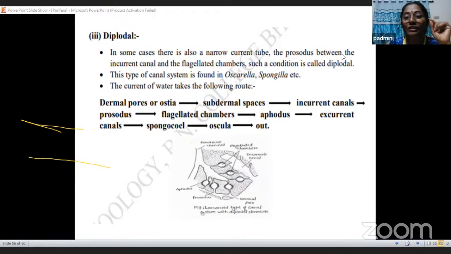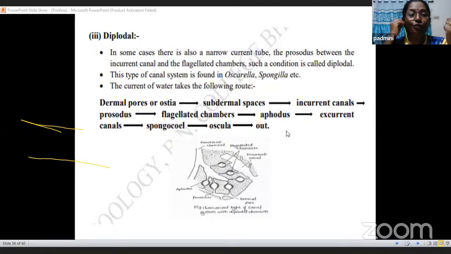The prosodus is between the incurrent canal and the flagellated chambers. That is what we talked about in the leuconoid type of canal system. Just before the prosopyle, you have a prosodus, and then just after the apopyle, you have an aphodus present over here. This type of canal system you find in Spongilla and Oscarella.